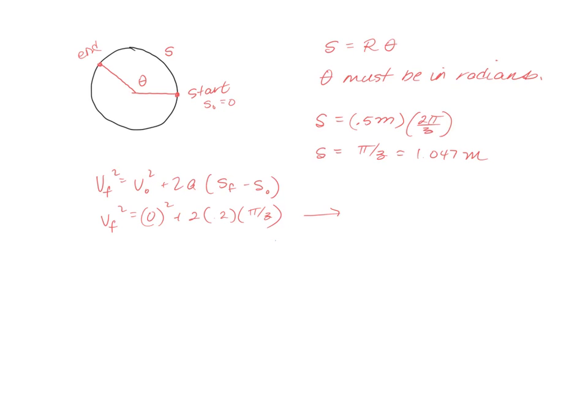Doing the calculation, v final squared, and I'm going to keep it squared, you'll see why in a minute, is equal to 0.42 meters squared per second squared. Now at that point I'm going to draw the velocity vector, v, which is the v final we just found. If we take the square root of that number, we get about 0.65.